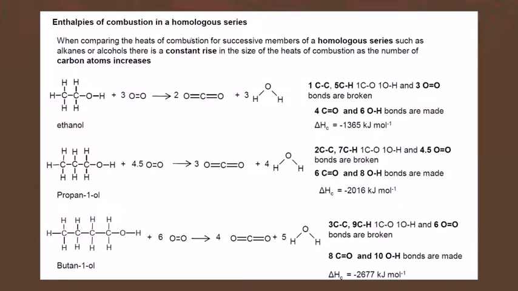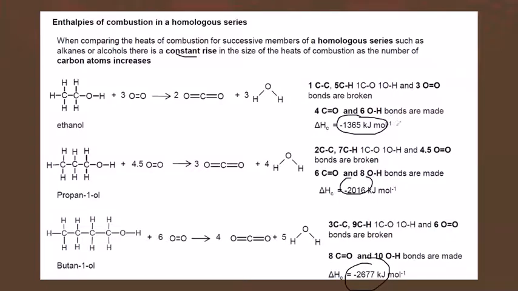When comparing the heat of combustion of successive members of a homologous series, like alkanes or alkenes, there's a constant rise. As you can see, here we have ethanol, then we are burning propanol and butanol. For ethanol it was 1365, then 2000, and then 2600.